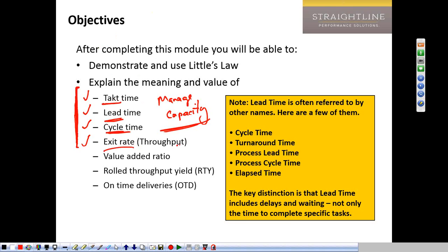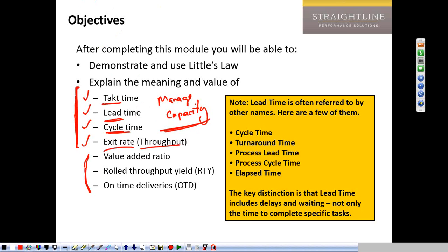Finally, exit rate or throughput says how many things do I complete per day, or how many things do I spit out of my process per day or per hour or per minute or per second. And you can use all these things together to look at how capacity is moving through, or how things are moving through your process, and to manage capacity better, or to understand whether things like load balancing will work. So that's there.